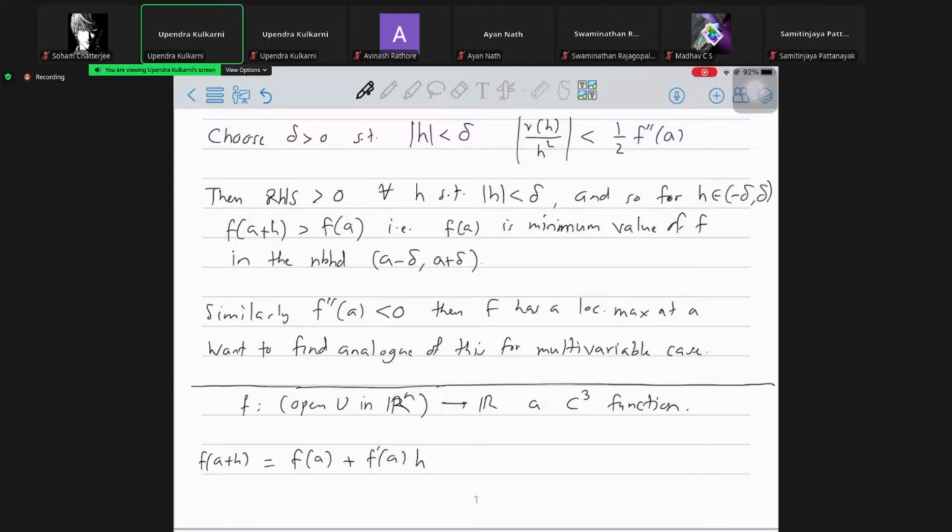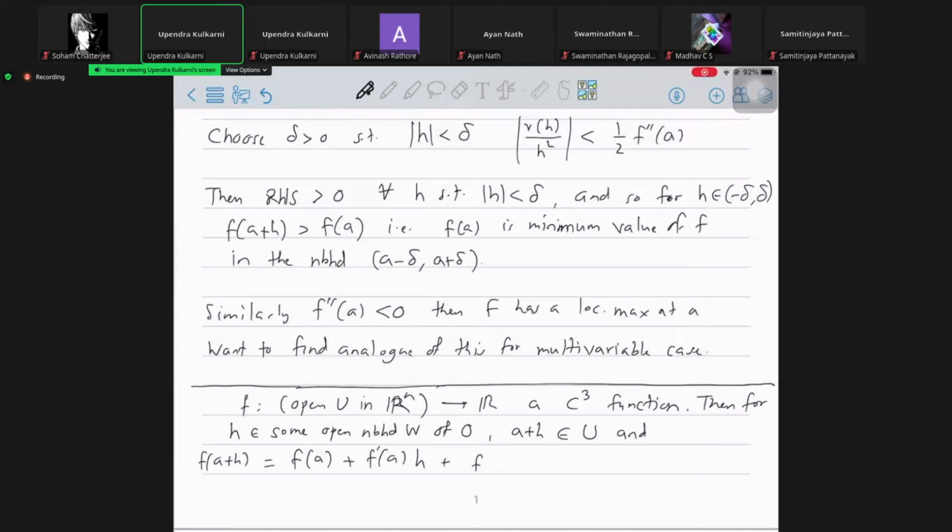Then h is in some small open neighborhood, I think we called it W of 0, so that a plus h lies inside U, so that I can apply f to it.